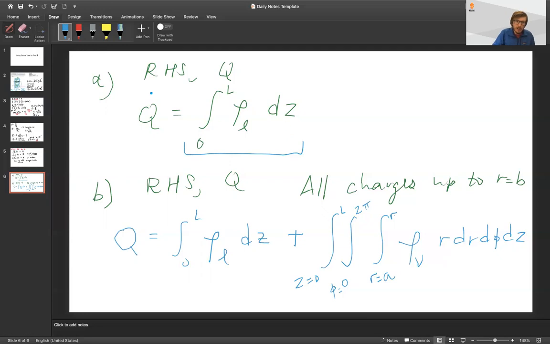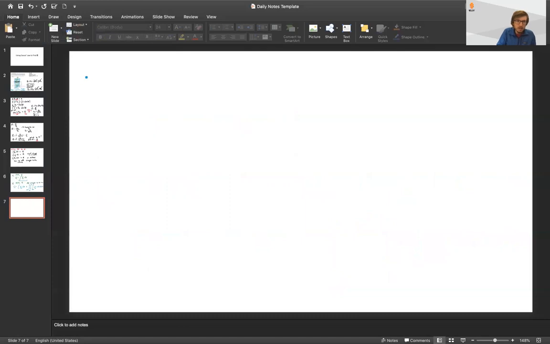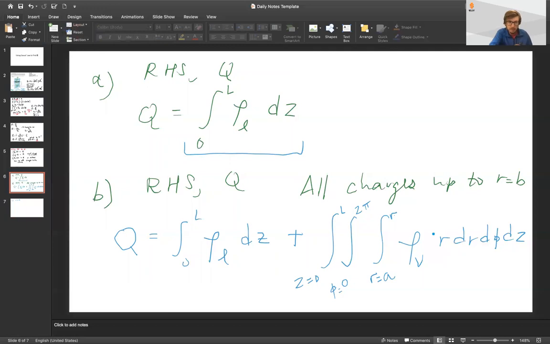If we wanted to find the electric field for an area beyond b, let's call this c, not in the problem, for r greater than b, then we would need to find the total charge here.